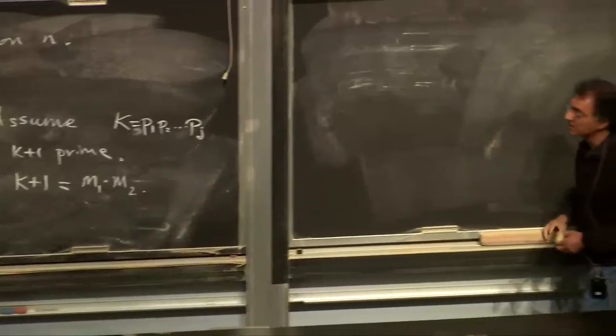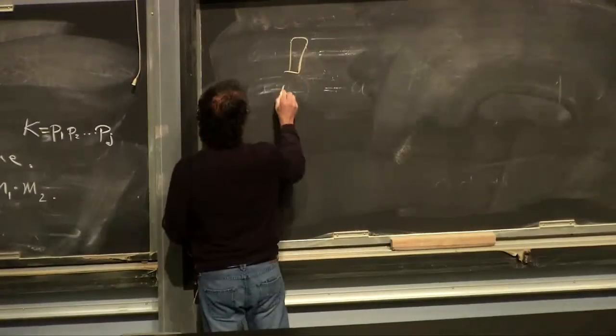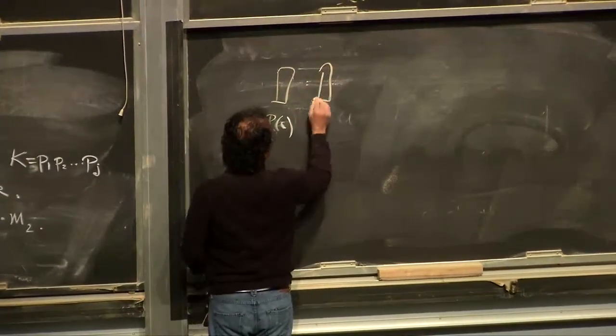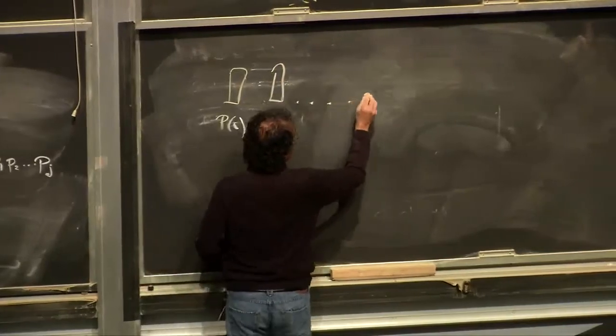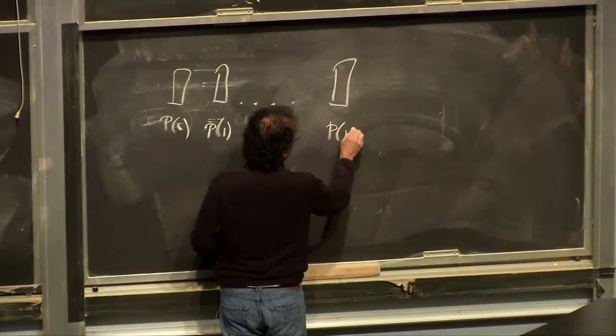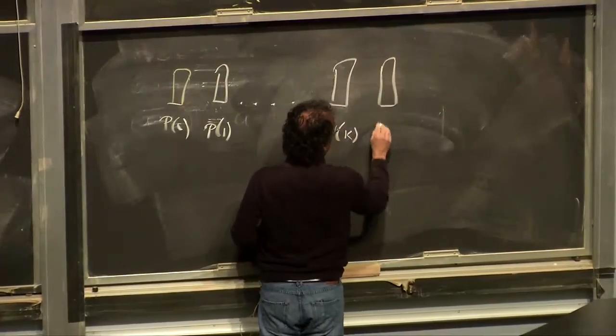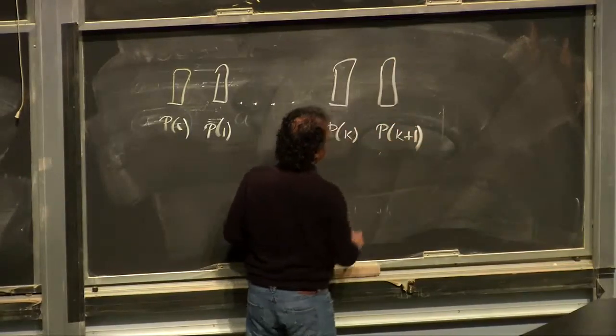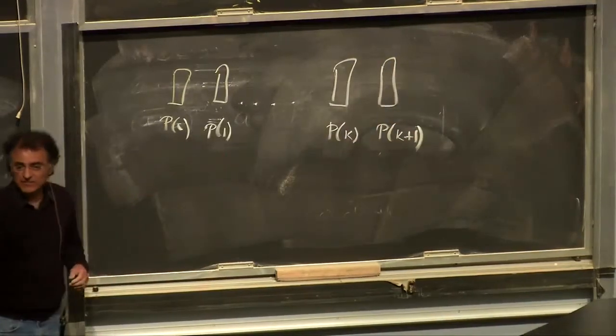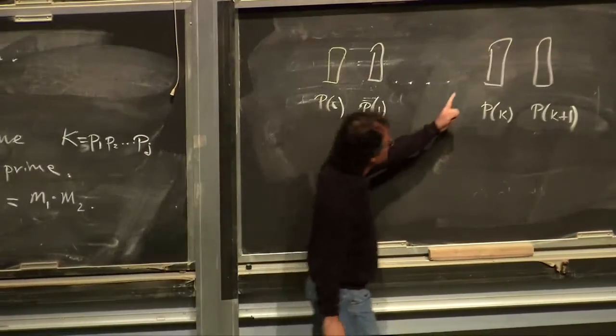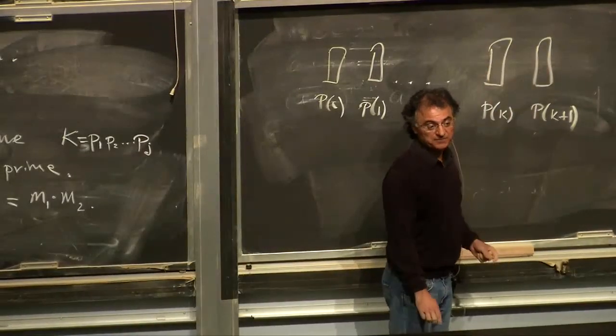Remember what we're doing? We set up our dominoes. There's P0, P1, Pk plus 1. And then we said, set it up so that Pk knocks over Pk plus 1.